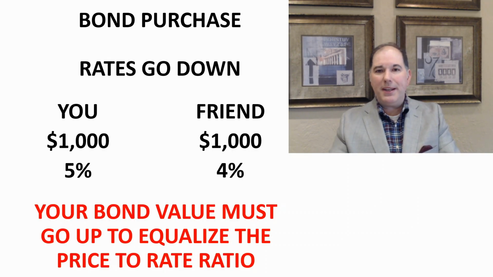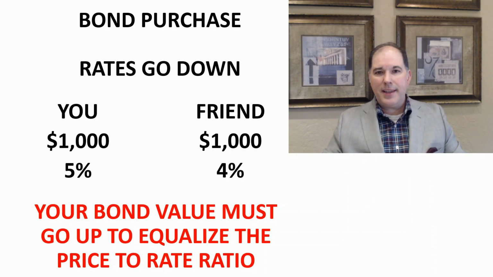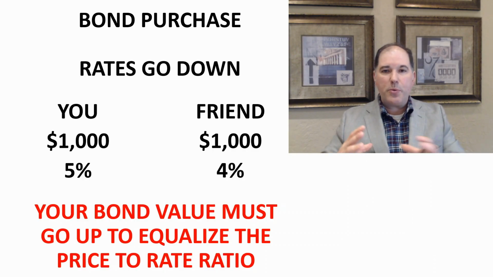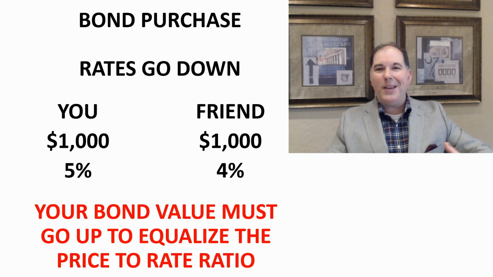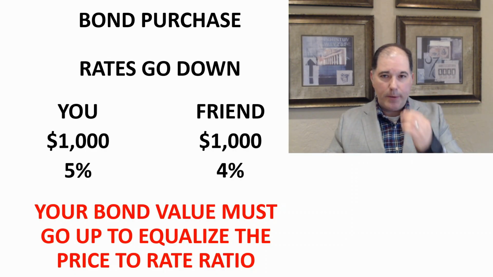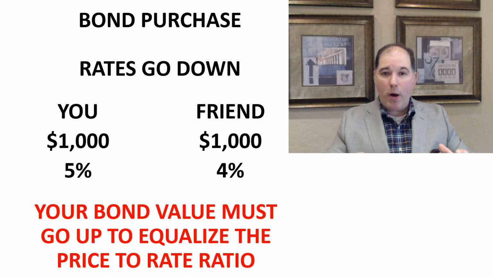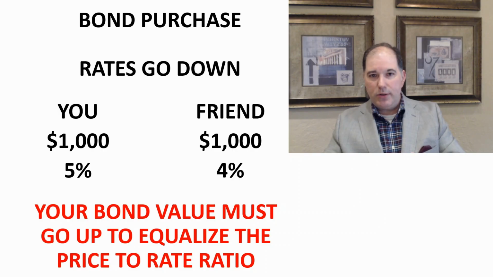No, you would expect to have to pay less. Well, now your bond is worth more, right? Because it pays a higher rate of interest. So in this case, because interest rates went down, the value of your bond must go up in order to maintain that same price to interest rate ratio. So this is exactly what happens when bond prices go up and down. It's because interest rates change.